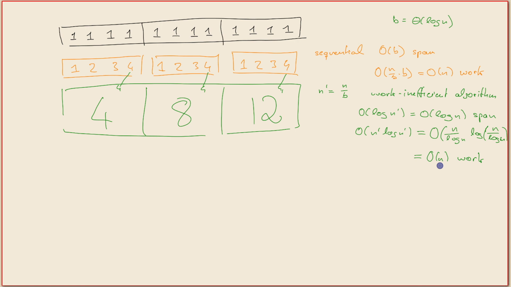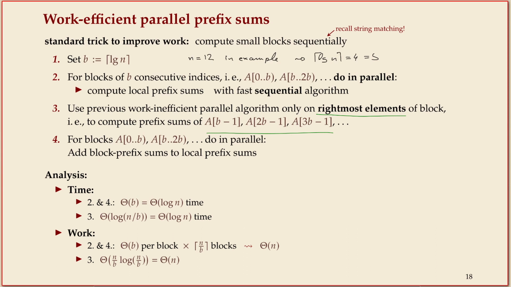Okay, we're still not done with the overall problem. We've just computed these intermediate steps. So what you do in the last part is you add to each block the prefix sum of the rightmost elements. You do this again in parallel for each block, but you can do it sequentially within a block.